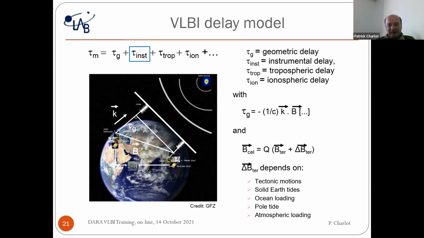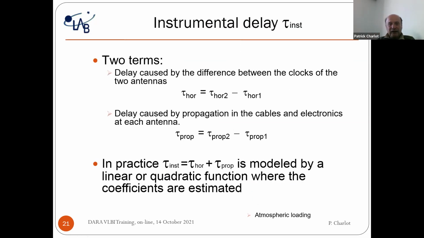So I'm going to talk about the instrumental delay now. And this is caused basically by two effects. First effect, as I said earlier, and as we discussed with the previous question, the clocks are not perfectly synchronized, so there is a small difference between the clocks at the two stations.